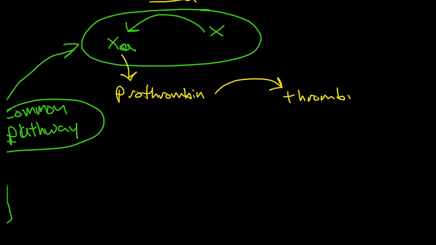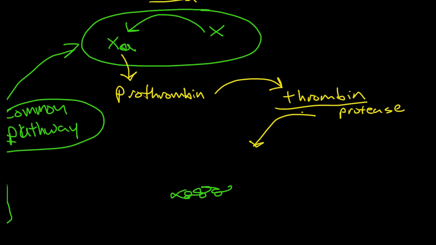Now, thrombin is a protease, and the way that it activates fibrinogen is, so fibrinogen is this long strand that has sort of a little globulin at the end, and then another fibrinogen here, a long strand with a globulin at the end.